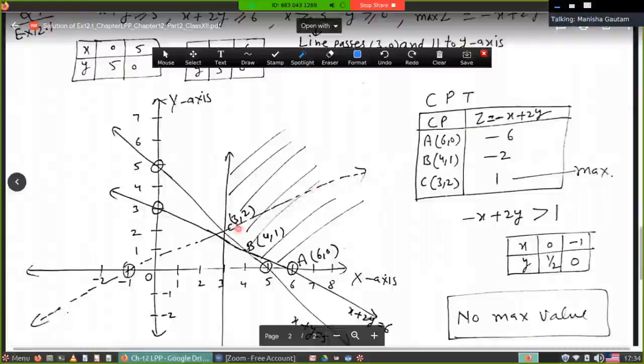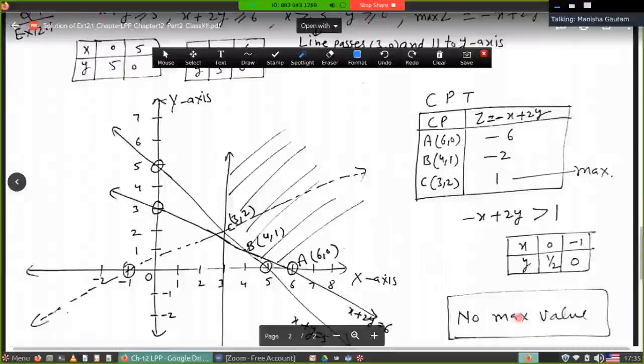How can you say that only point C gives the maximum value? You can't calculate the values of so many points. Infinitely many points are lying in this shaded region, so you can't say which one point will give the maximum value. So no maximum value will be there.